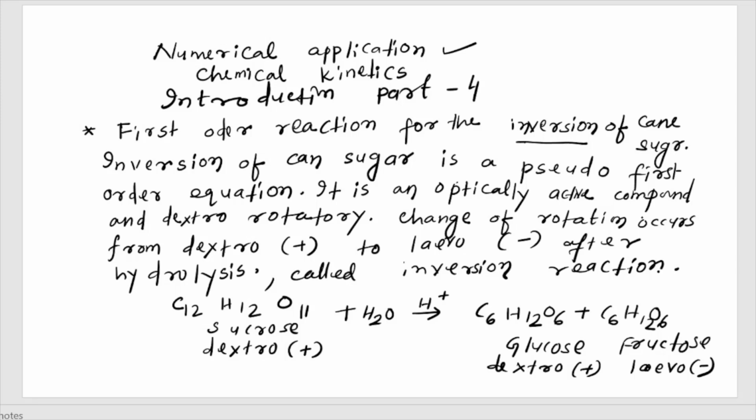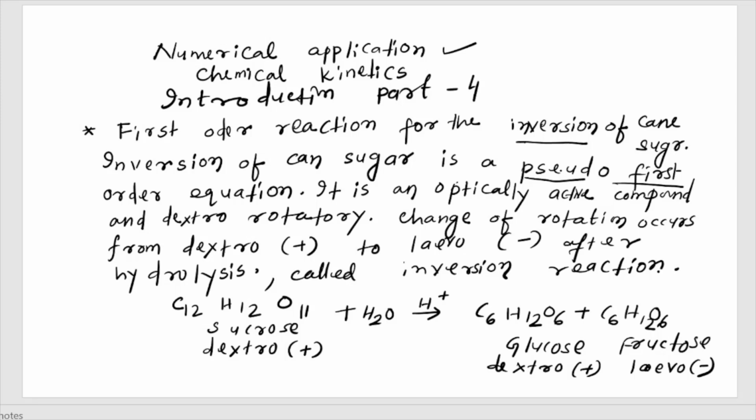Remember, this is also one pseudo first order reaction, just like hydrolysis of ethyl acetate. And remember, this is very important: it is an optically active compound, that is dextrorotatory. So here dextro and levo, both plus and minus signs are used, change of rotation occurs, and this is called inversion of cane sugar.